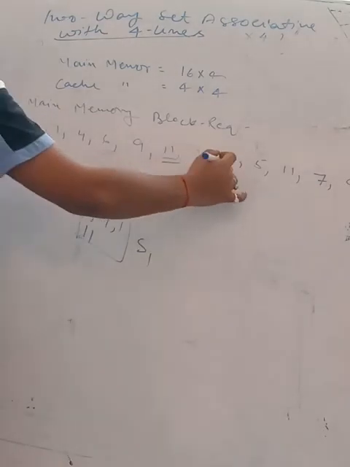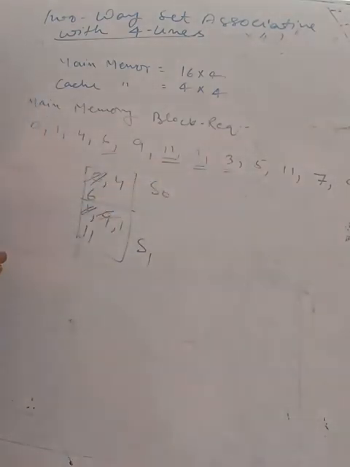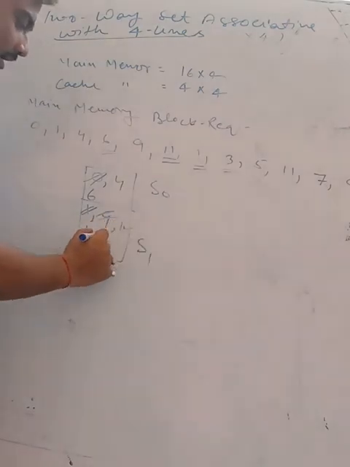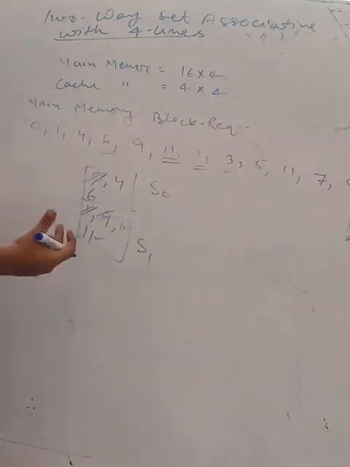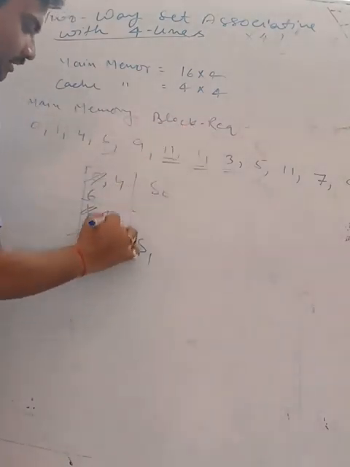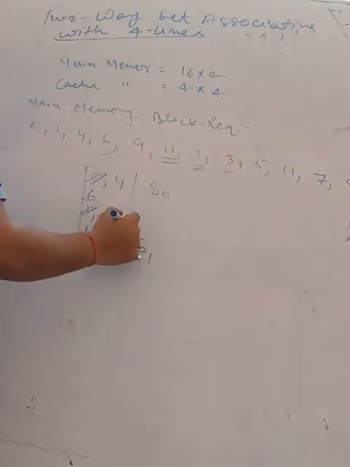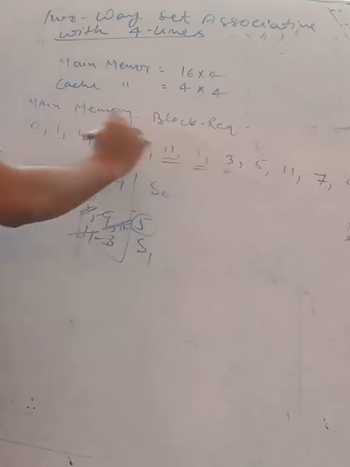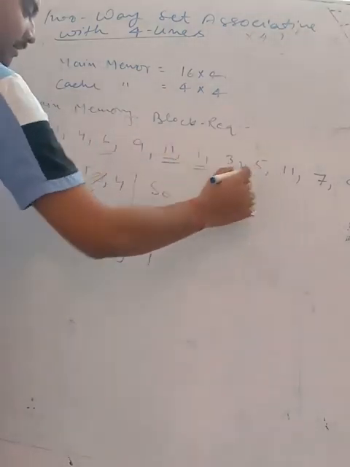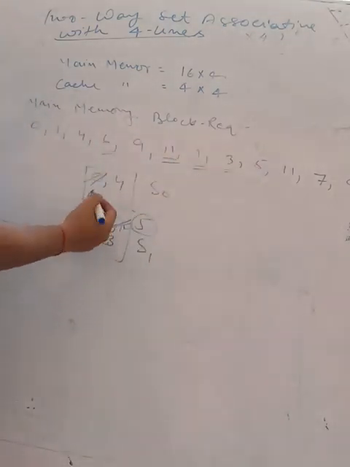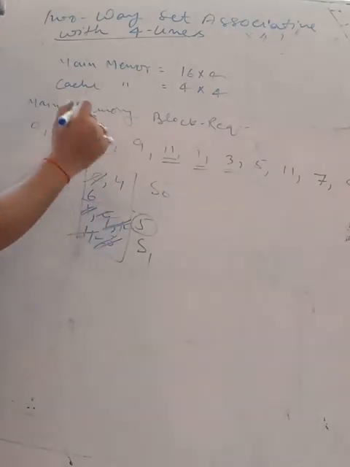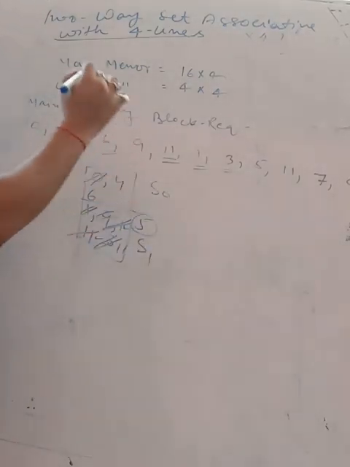The next reference is 3. 3 is also not present here, and between 1 and 11, 11 was inserted previously, so we will store 3 here. When we talk about 5, between 1 and 5, 1 was inserted previously, so 5 will be stored in place of 1. In the case of 11, 5 and 3, 3 was stored previously, so 3 will be removed and 11 will be stored.